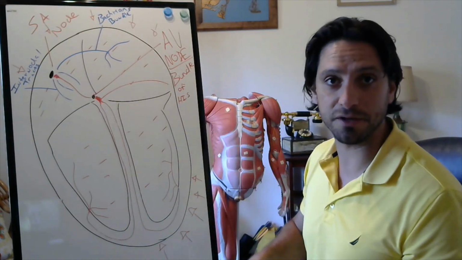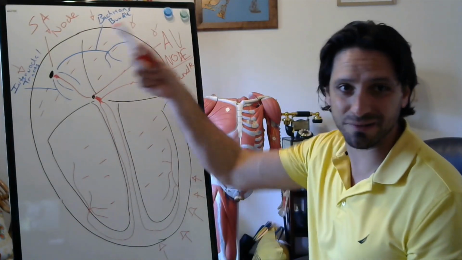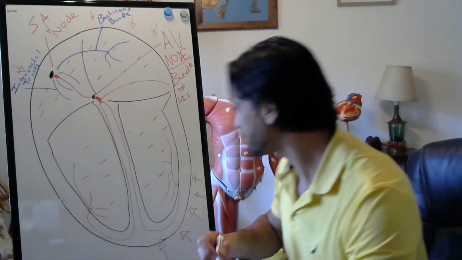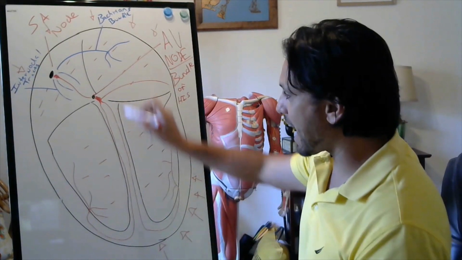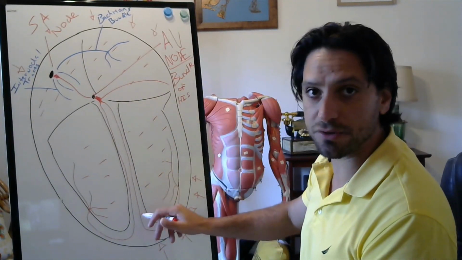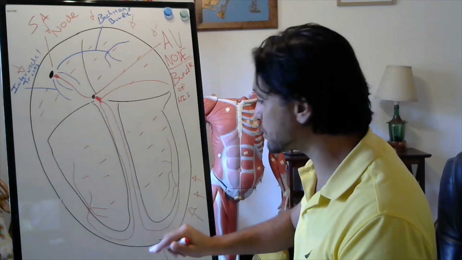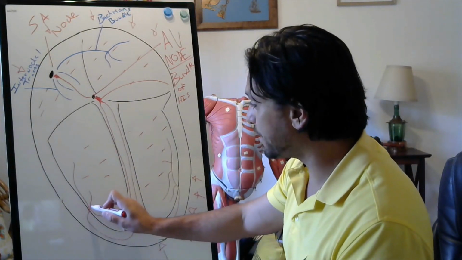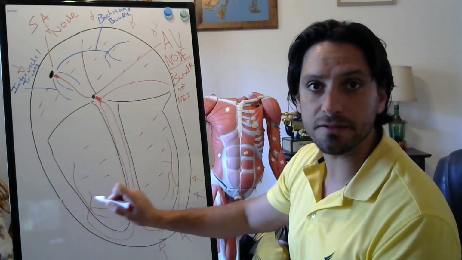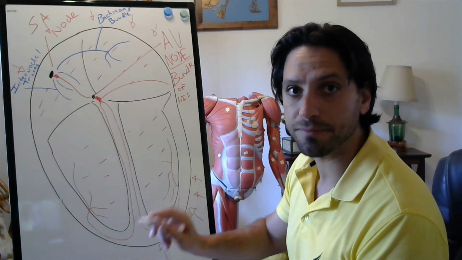Now, really important. Remember, if I write something on the board, it's really important, even though my handwriting is terrible. All right? As the electrical conductivity goes down the right and left branches, we meet these fibers that innervate the right and left ventricle. Okay?